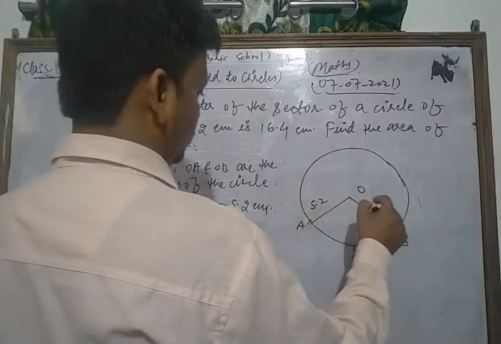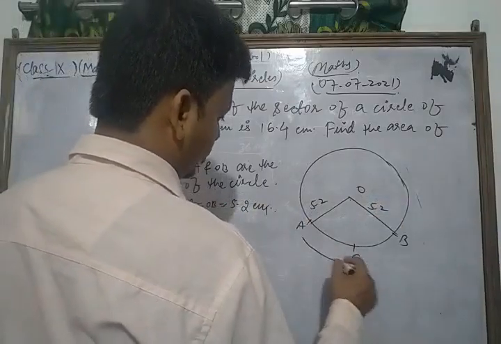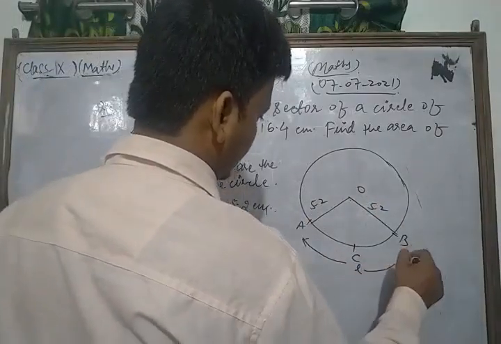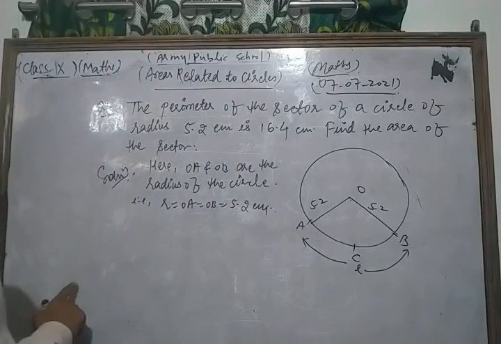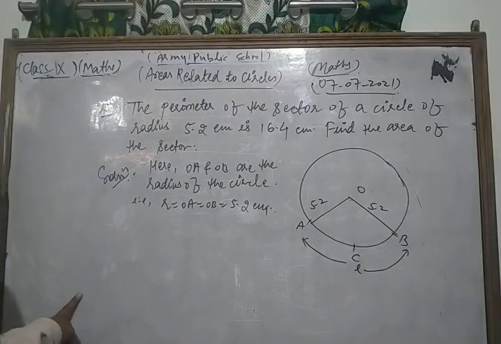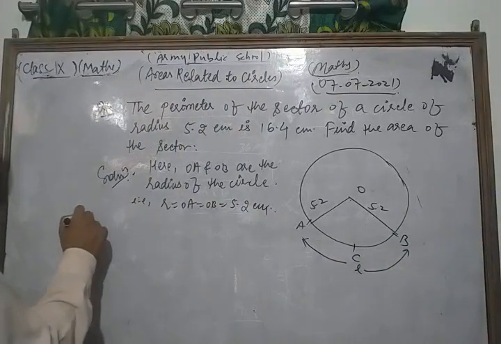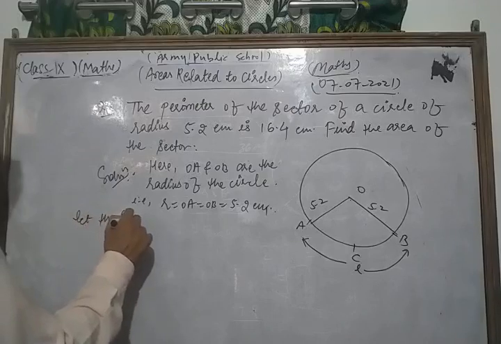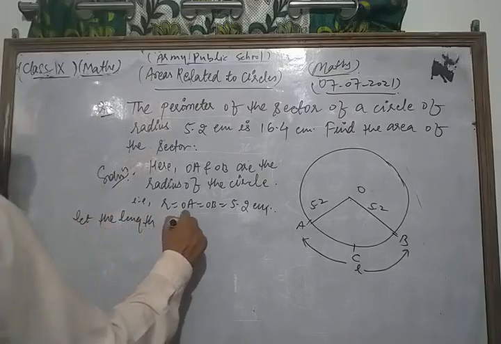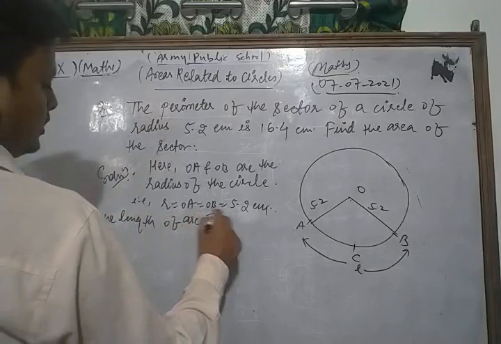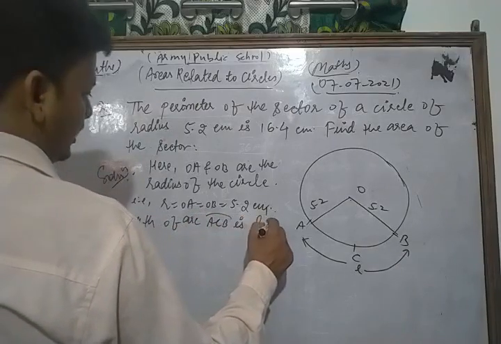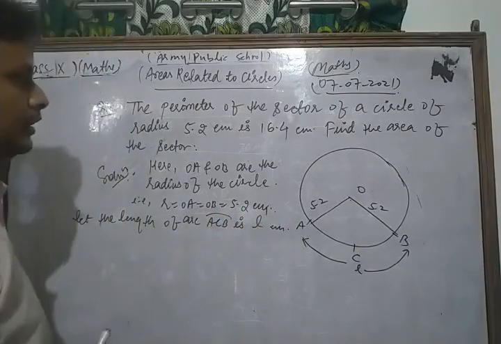So this is 5.2, this is 5.2, and let us take the length of arc ACB to be L centimeter.